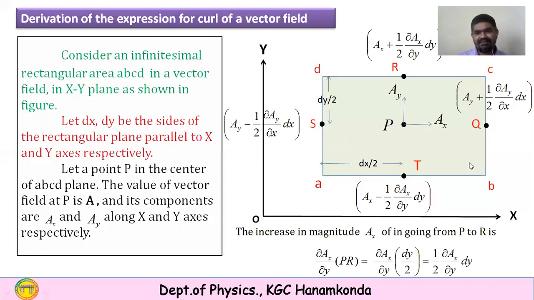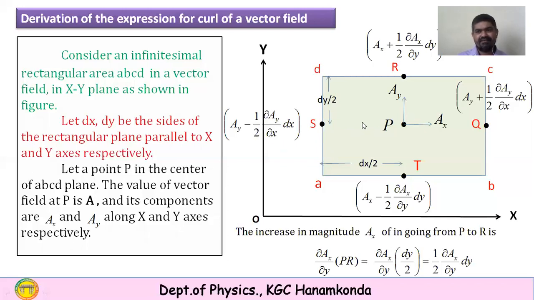This side length is dx, half of the length is dx by 2. This is the decrement. The value at P is already Ay. The decrement is 1 by 2 into ∂Ay/∂x into dx. Therefore, the value at point S, which is the midpoint of side AD, the y component value, is Ay minus 1 by 2 into ∂Ay/∂x into dx.